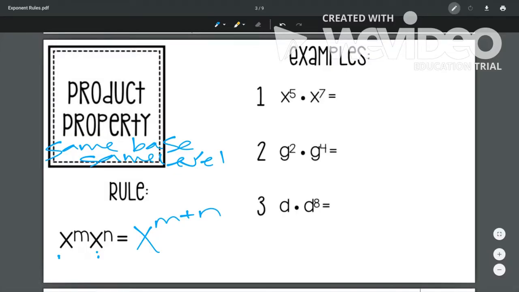So for example, if I were to expand this one out right here, if I have x to the fifth, that is 5 x's times 7 of them. And frankly, that's a lot, especially if I go more than any of these numbers. All I'm going to be doing for the entire time that I'm learning this unit is writing all of these variables. So instead, what I can do is use the trick, which is our law of exponents, and apply our product property right here.